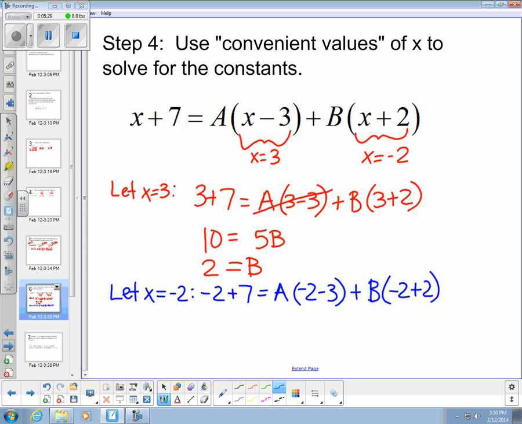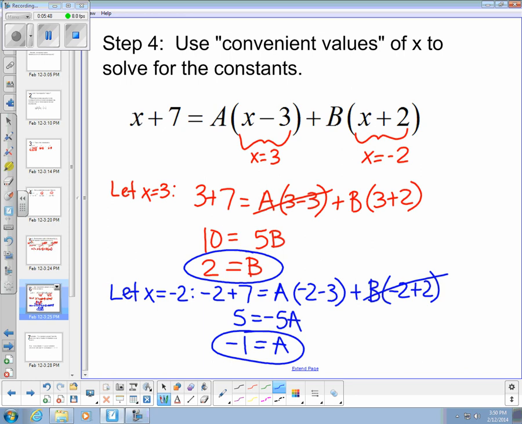And again, the B times 0, I don't have to use that anymore because I don't have anything there. Okay, negative 2 plus 7 is 5, and then I've got negative 5A. I divide both sides by negative 5, and I come out with A equals negative 1. So the constants that I needed were 2 and negative 1.